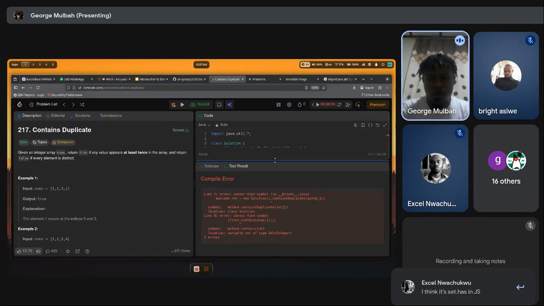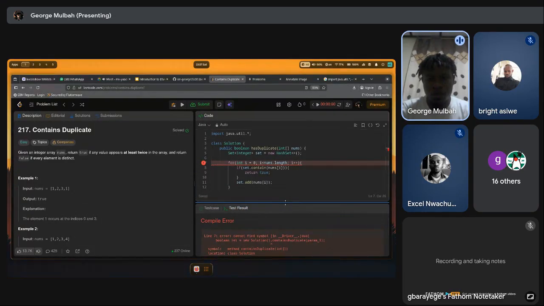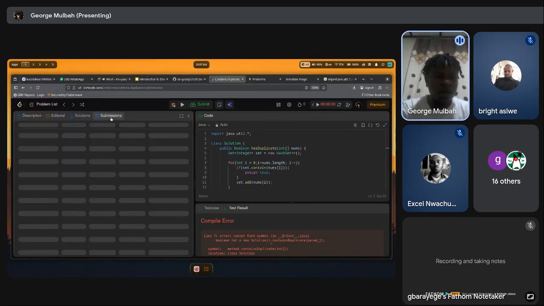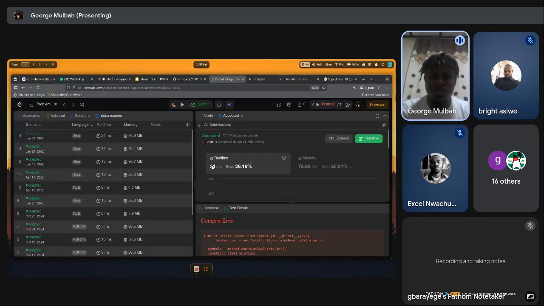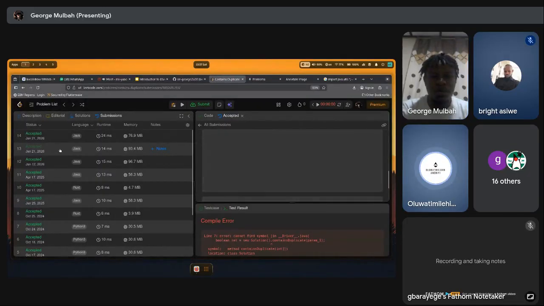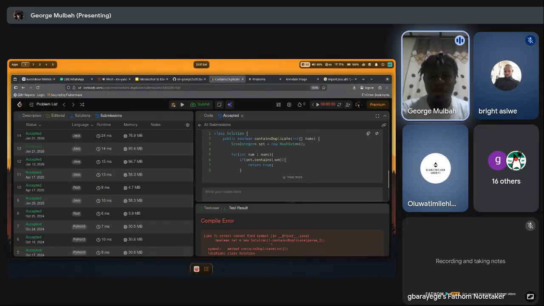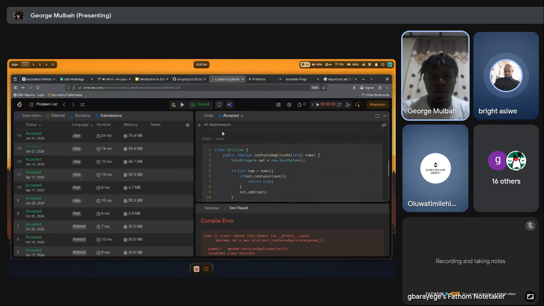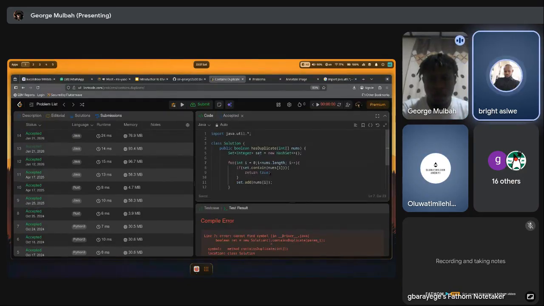I don't know why I'm having this issue, but I'll just look at my previous solution. Contain should have an s. Yeah, but even with the s I'm still getting the error. So I think the issue is coming from the import. If you watch, it's saying it cannot find a symbol. Yeah, the import.